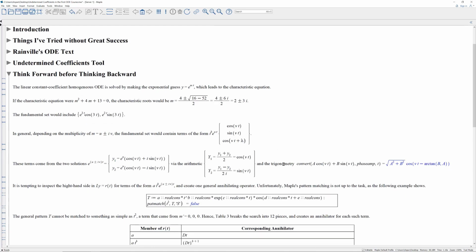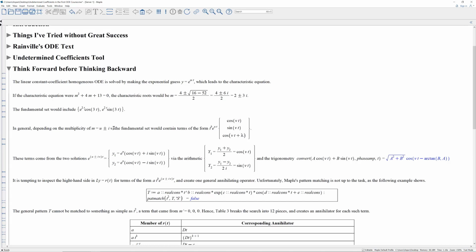All right, how do we get these terms? Well, e to one of these complex numbers, let's say plus iv, you'd get this y1. It's a complex solution. And you take minus iv, you would get this solution.